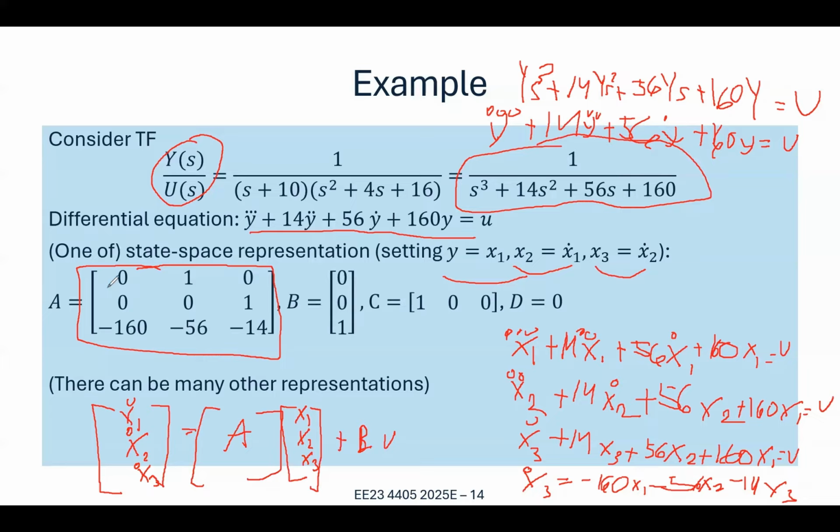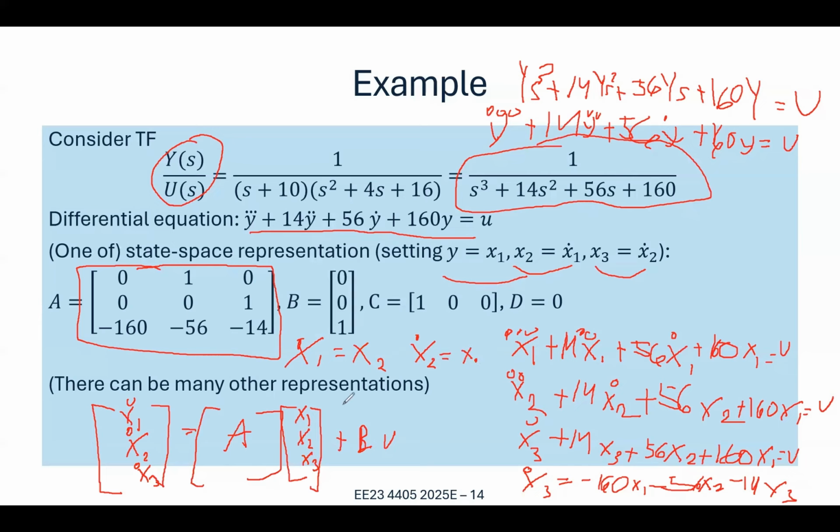In the first row, x1 dot is x2. In the second row, x2 dot is x3.